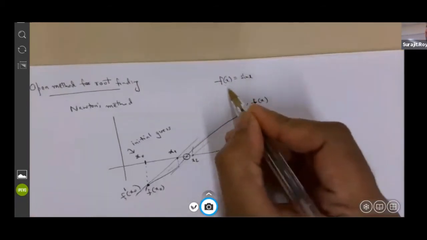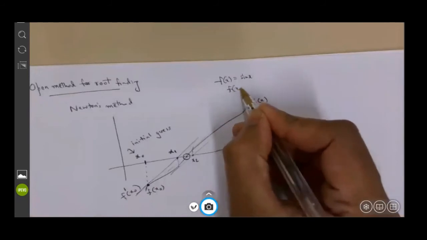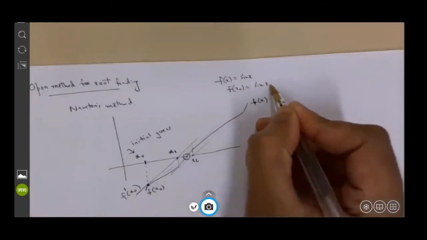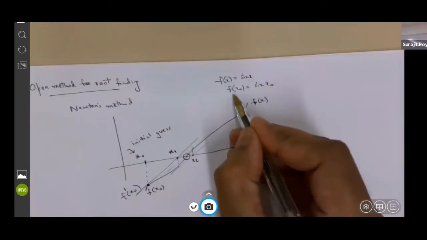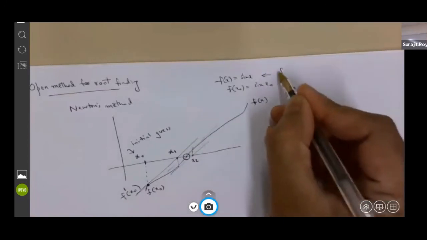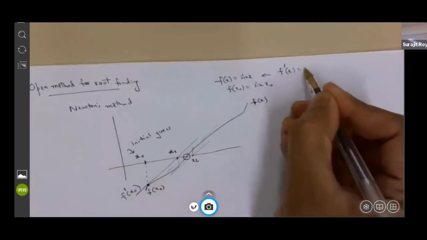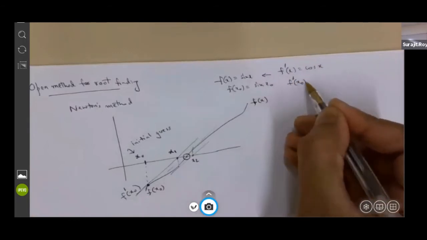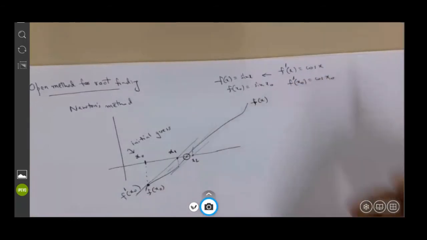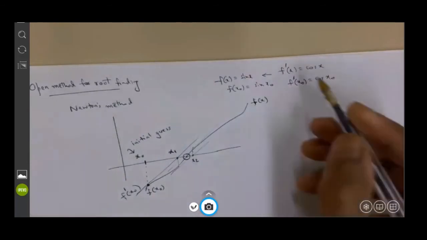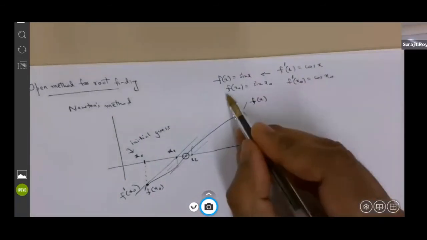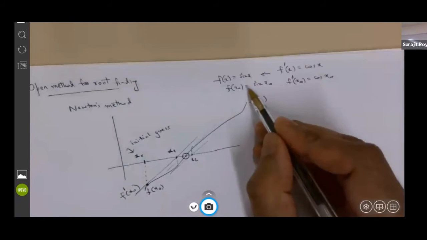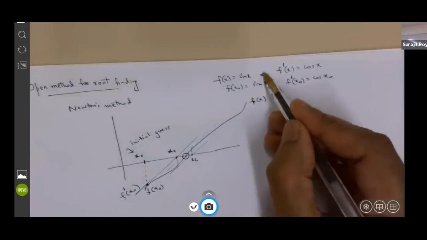When I say f of x naught, it means sine of x naught. I'm not taking a derivative of this, but I'm taking a derivative of this. So f prime of x is cosine of x, and then at x naught, f prime of x naught is cosine of x naught. Oh, okay. So f prime is not obtained from this, it is obtained from here.